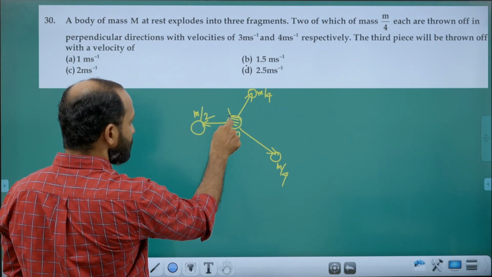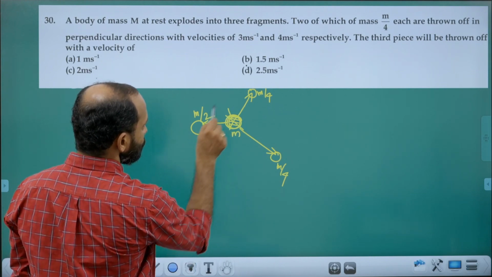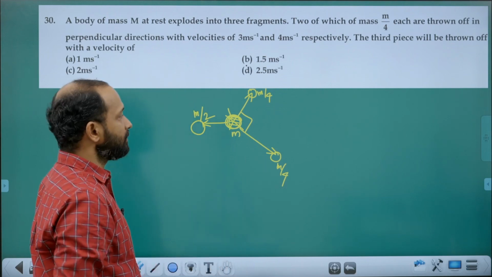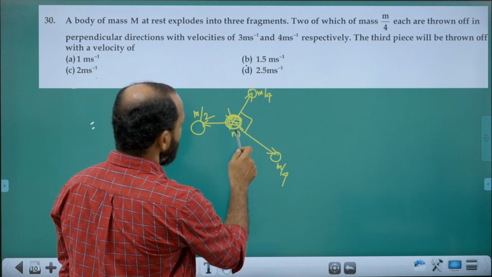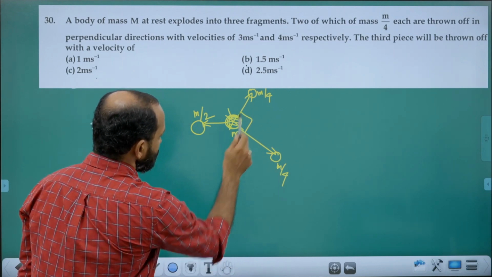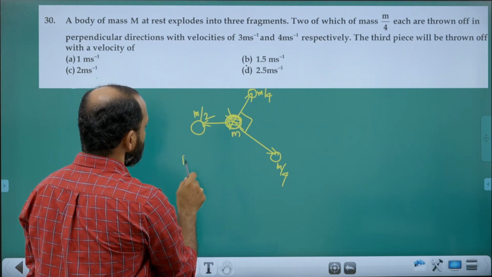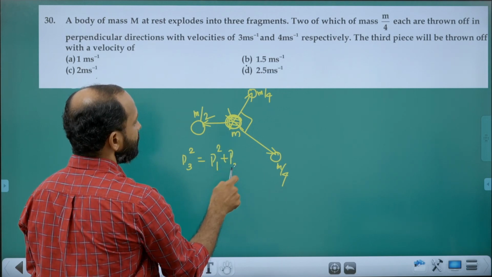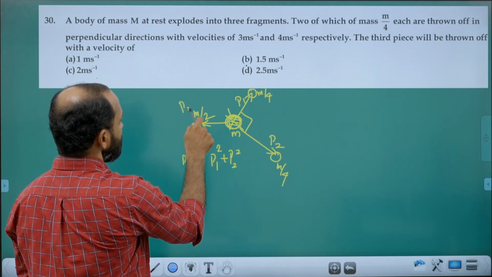This is the body that has already exploded. Now this is m by 2, m by 4, m by 4. This angle is 90 degrees. We have to apply momentum conservation. What is the momentum before explosion, and momentum after explosion of each? We can use P3 square is equal to P1 square plus P2 square, if this is taken P1, this P2 and this P3.